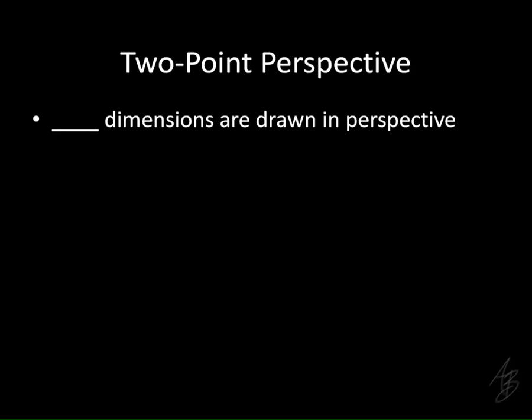So my question is, how many vanishing points are there going to be in 2 point perspective? It's kind of a trick question. We have 2. We're going to have a vanishing point for the depth, just like we had in 1 point perspective. We're going to need a separate vanishing point for the width, but we're also going to end up with other vanishing points.